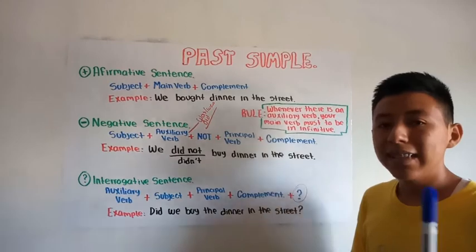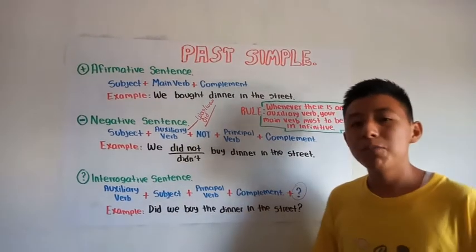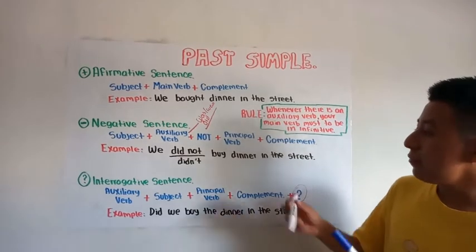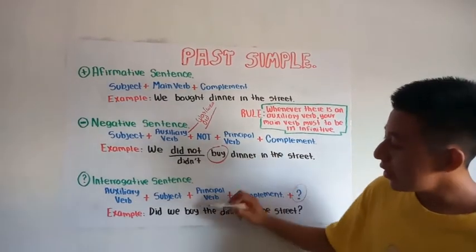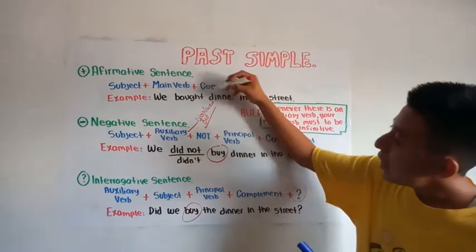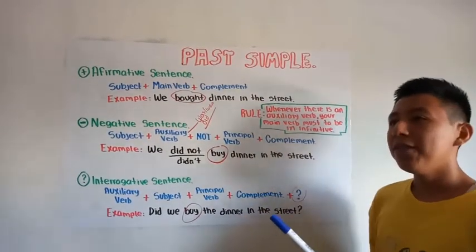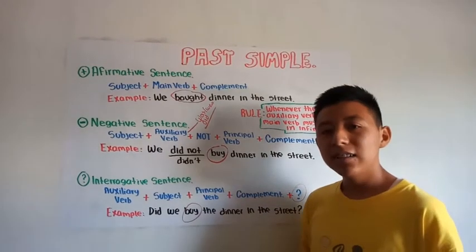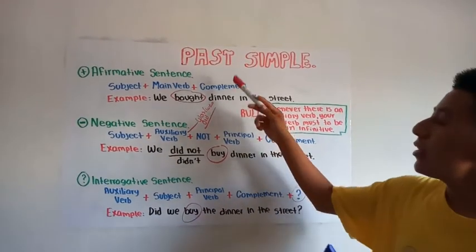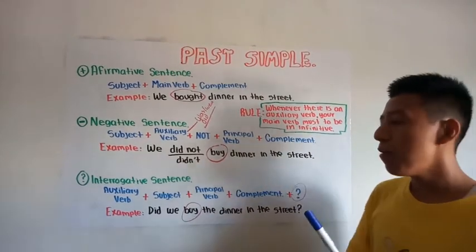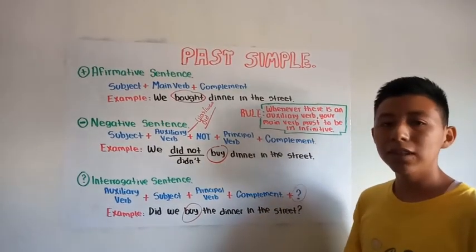But if you watched this video carefully, you saw the verbs buy and bought. And you can say, if I told you that when I use the past simple, I always have to use the past simple in the verb.